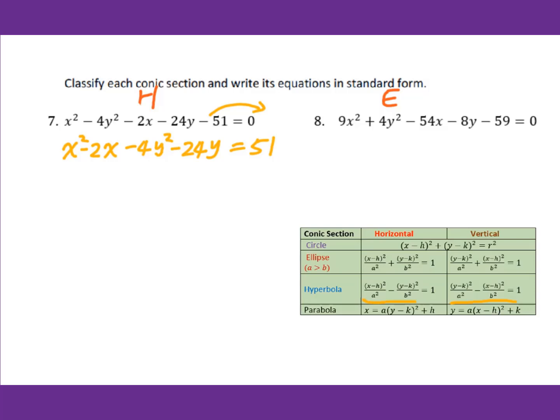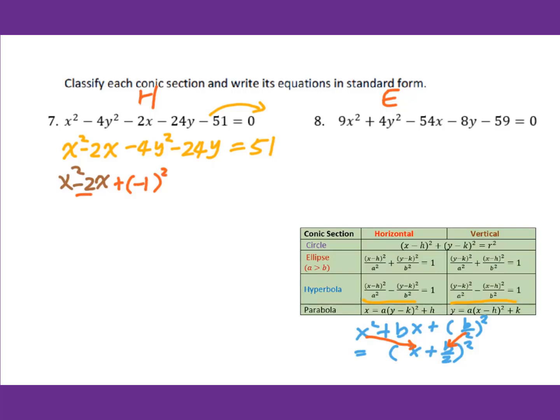Then I need to do completing the square. The format is x squared plus bx plus (b over 2) squared equals (x plus b over 2) squared. This is your x, this is b over 2. Therefore, I have x squared minus 2x, and you need to add (b over 2) squared. This is b, so you get negative 1 squared.